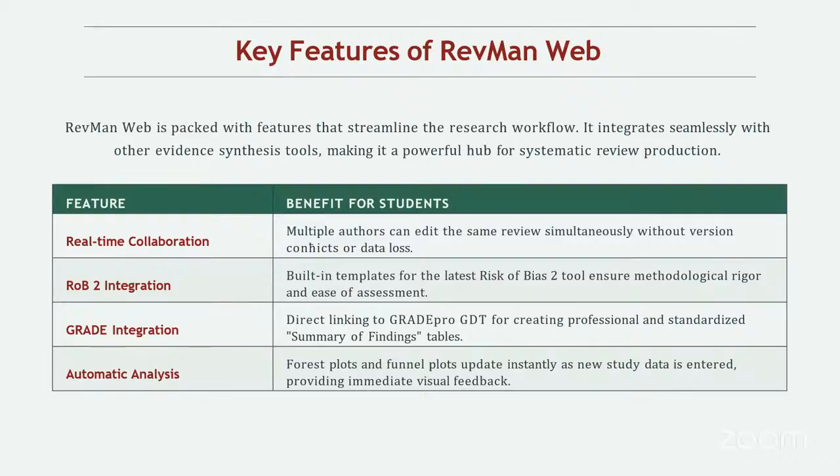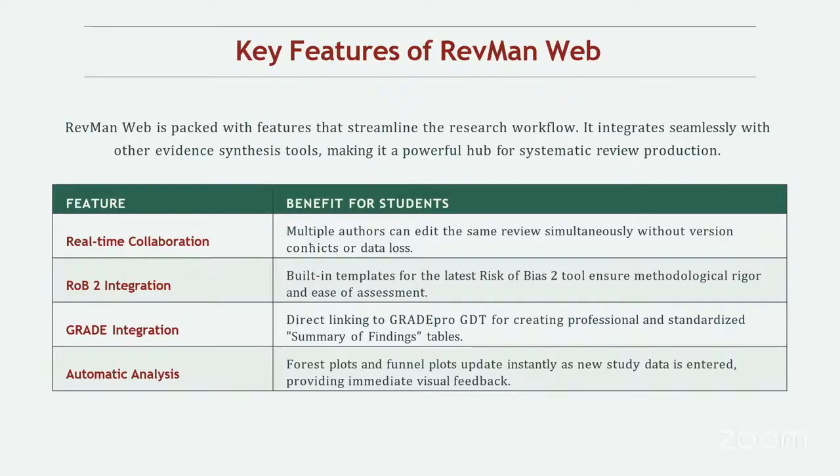Okay, we can go to the key features of RevMan Web. Here are 4 features that students particularly appreciate. The first one is real-time collaboration, where several authors can edit the same review simultaneously without version conflict. They can edit anytime, and each of them can work on a separate part.